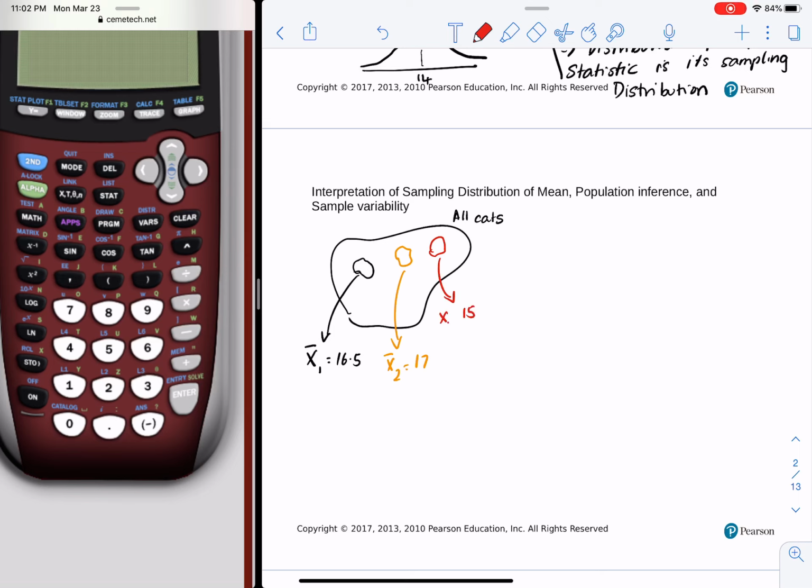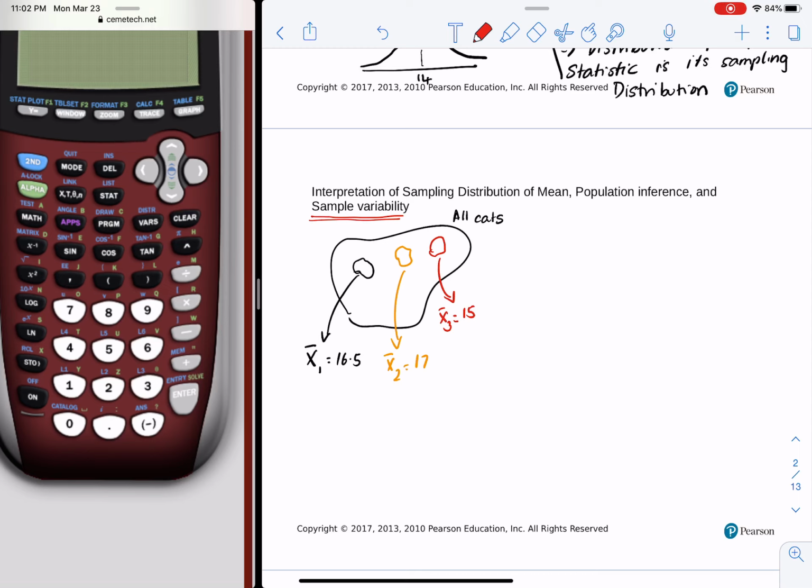So if we kept on collecting different samples, we are going to get different values of the average, and that is what we call sample variability.